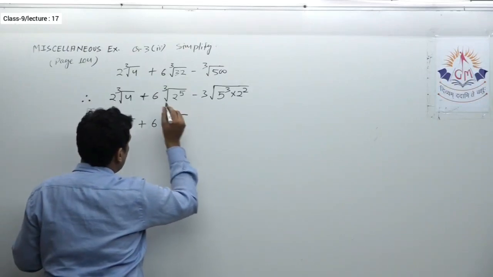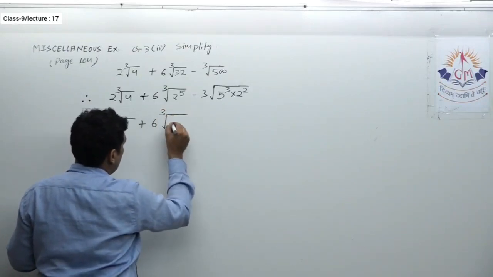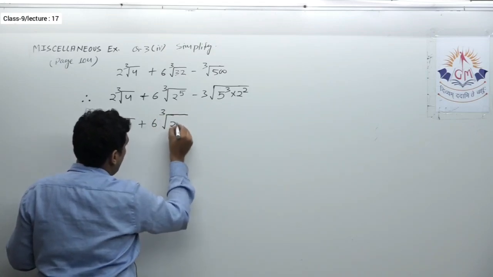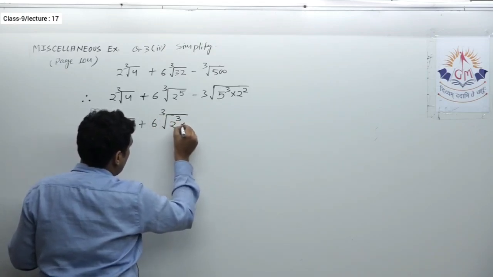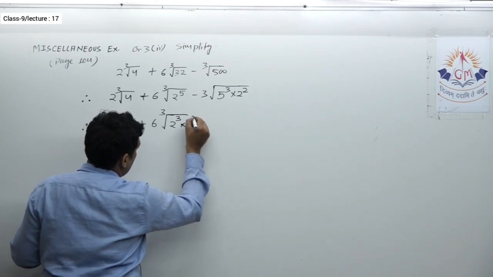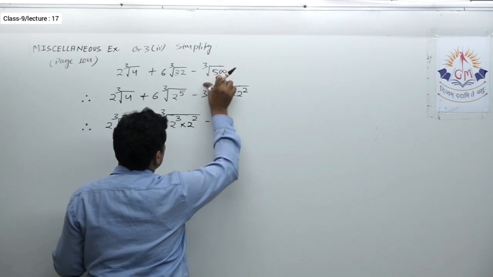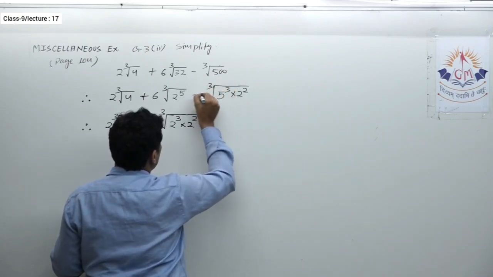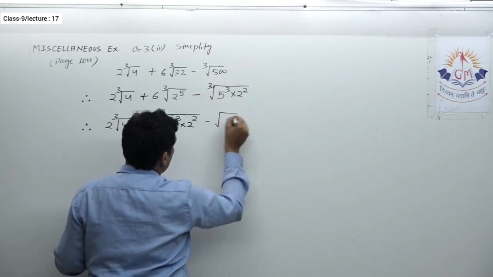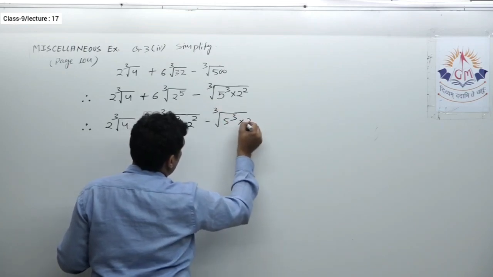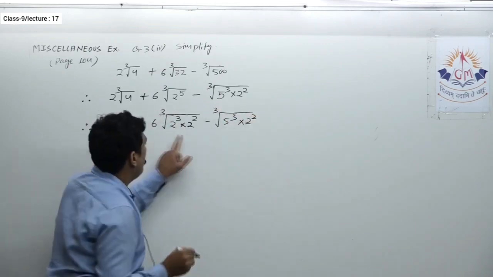That method you got. Now try to understand this method. Here it is cube root, so I am writing it in this way. Similarly over here, it is actually cube root. So here I can write this in this way. Now I'll separate this.